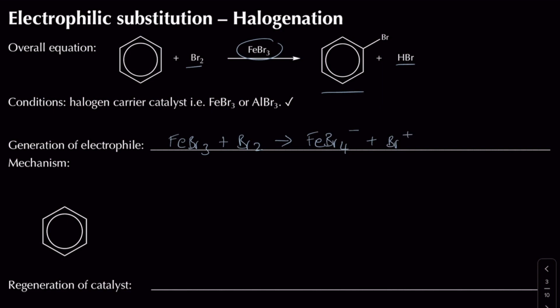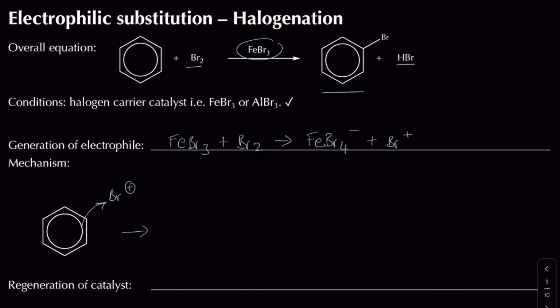Now when it comes to your actual mechanism, what you need to be able to show is that you've got bromine, and I like to draw it in a nice position like this, and I'm going to circle the charge so that the examiner knows I haven't missed it out. Now the first thing that's going to happen here is that our ring of electrons is going to break, and 2 of these pi electrons go into forming an actual bond between the benzene ring, one of the carbon atoms, and the bromine ion itself as well.